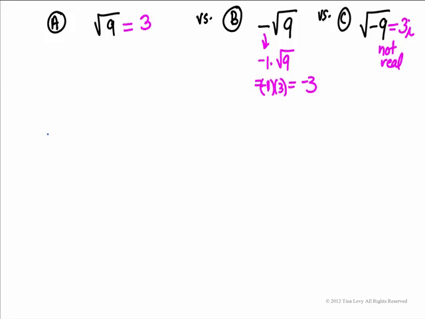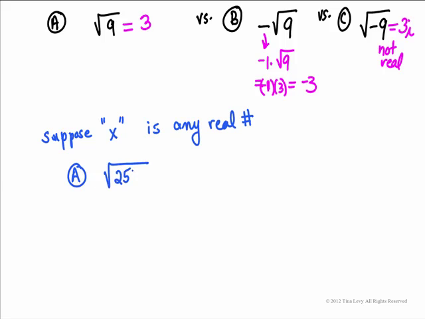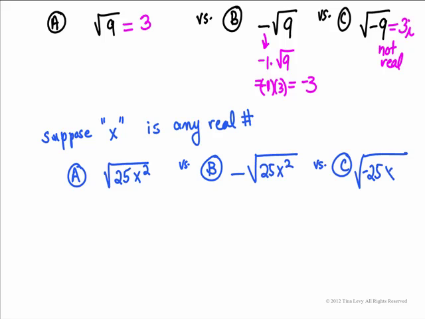We're going to do another one. In this case, we'll suppose that x is any real number. So A will be the square root of 25x squared, versus B is minus the square root of 25x squared, versus C is the square root of -25x squared.